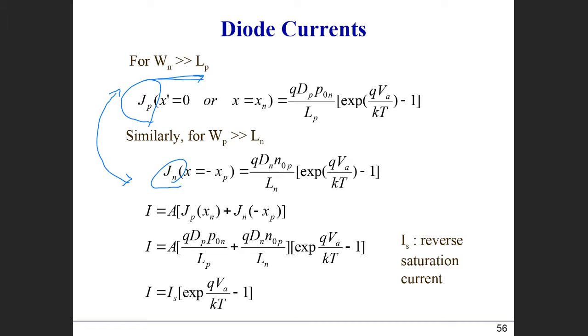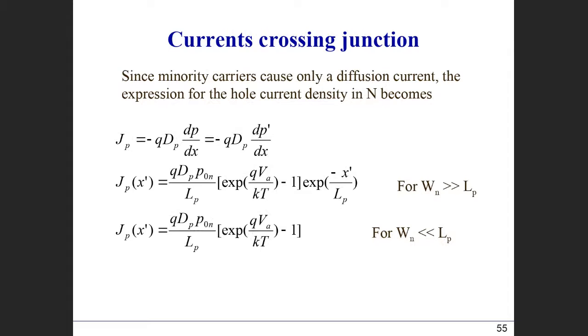Jp, when x equals xn, which means this is the depletion edge, you get this current. In other words, in the previous equation, Jx prime equals 0, the exponential term is going to be 1, so you only have this term.